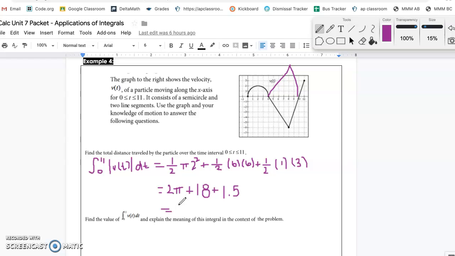And that will be the same as 19.5 plus 2 pi.